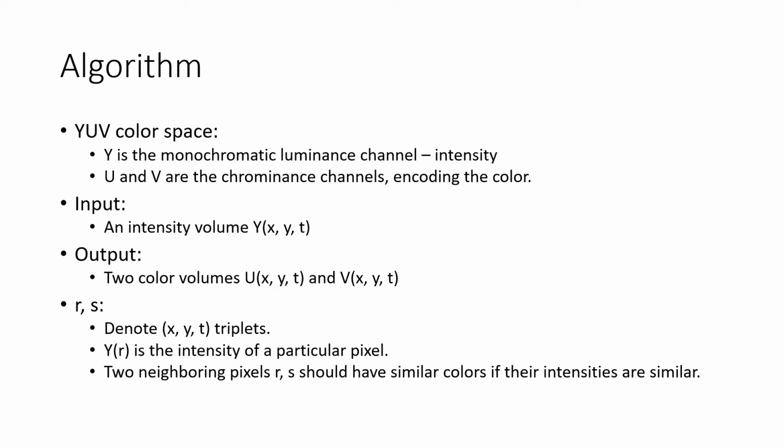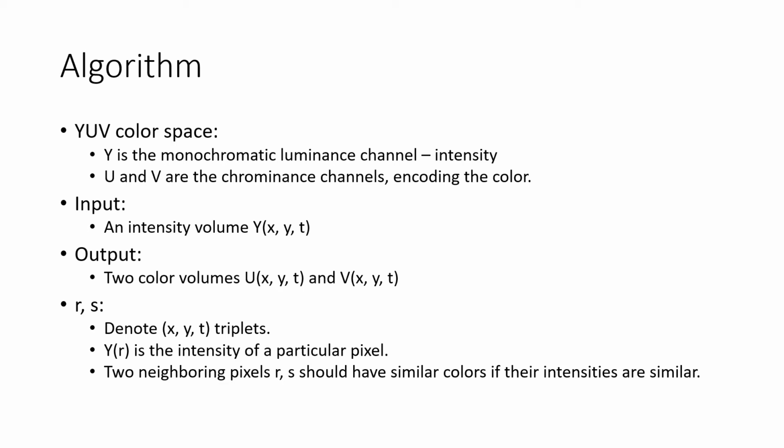Now in YUV color space we have three channels. First one is the Y channel, then the U channel and the V channel. Y channel here is the monochromatic luminance channel. Monochromatic means single color, which means Y is basically a grayscale image with intensity values, and U and V are the chrominance channels, or the color channels.